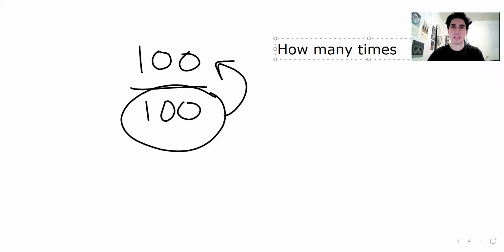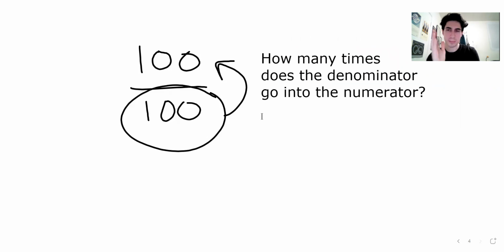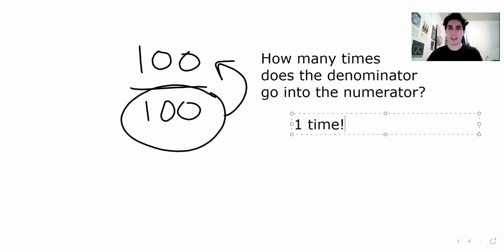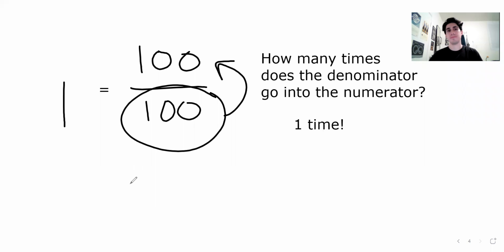How many times does the denominator go into the numerator? Well, I hope we can see at this point that 100 goes into 100 all of one time. And so when we write the reduced fraction, the value of this fraction is equal to 1. The nicest one you've ever seen.